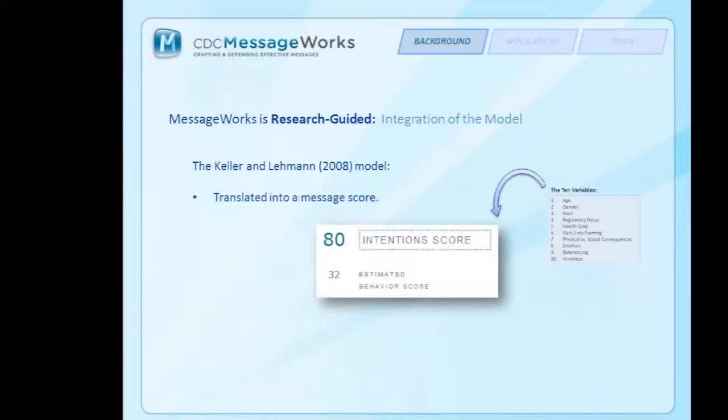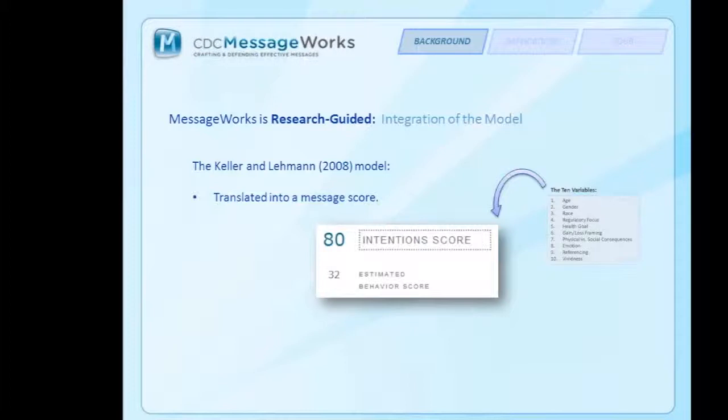Next, please. As you can see, one of the nice things about MessageWorks and the model, because it's a predictive model, it gets translated into a message score. And the message score, the intention scores, are from 1 to 100, and the estimated behavior scores, no surprise, are much smaller than that. There's another formula that is used to convert intention scores into behavior scores.